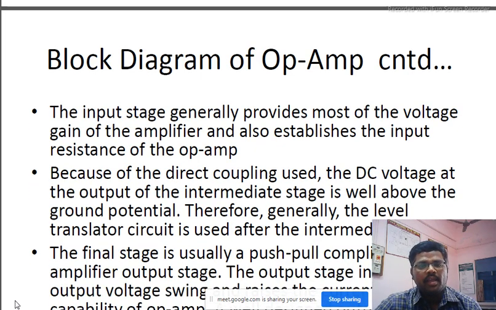Because of the direct coupling used, the DC voltage at the output of the intermediate stage is well above the ground potential.